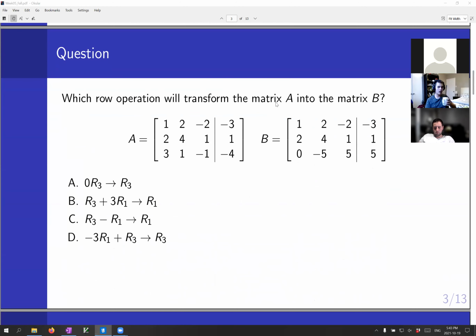Okay, so now we're going the opposite direction. Instead of me giving you the row operation, I'm asking you to tell me which row operation will give me this matrix.